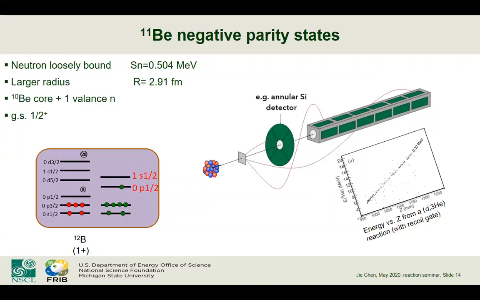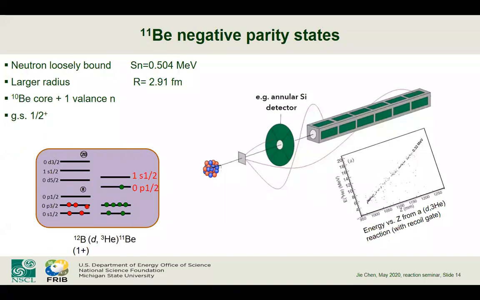Boron-12 has one more proton in the p3/2 orbital, and its ground state has a spin parity of 1+. Most studies show that the ground state of boron-12 is dominated by the configuration within the p shell.